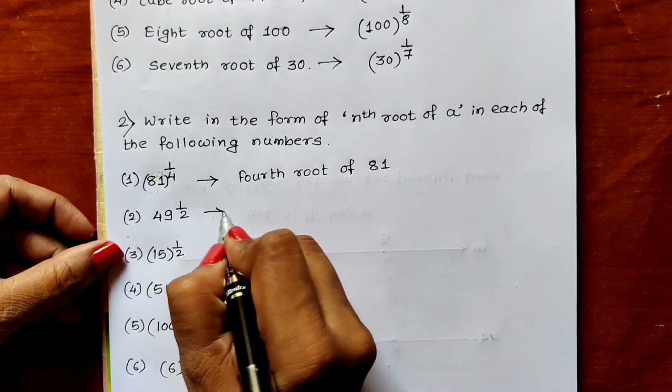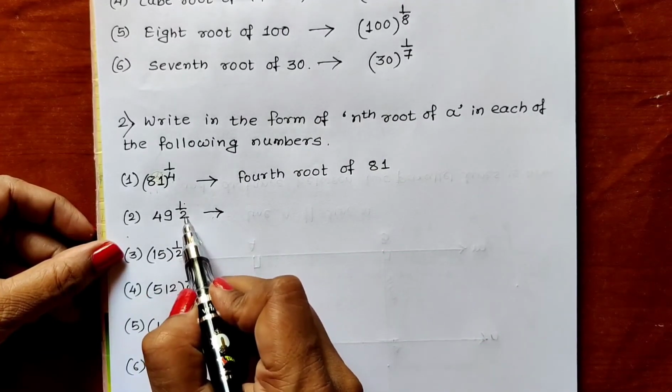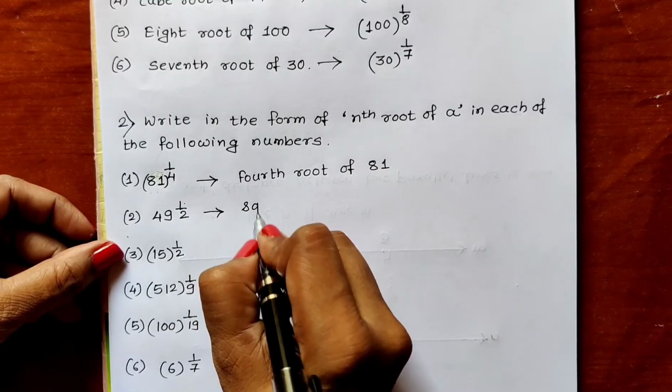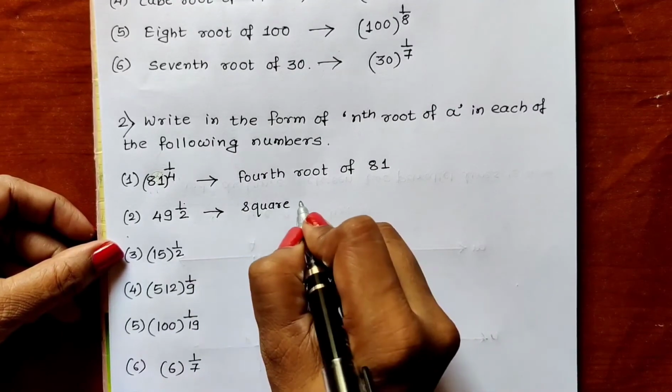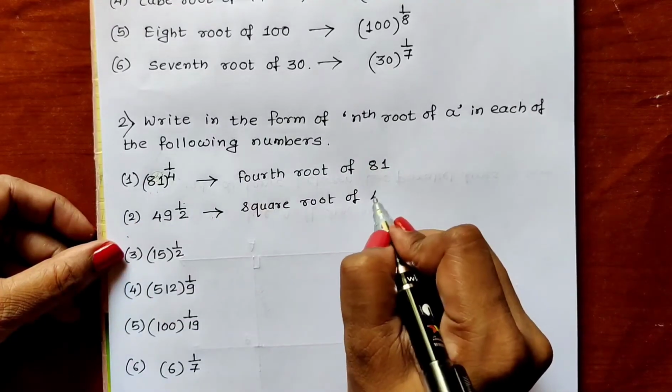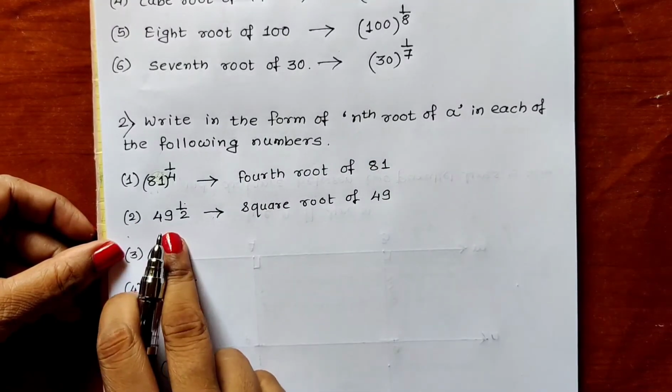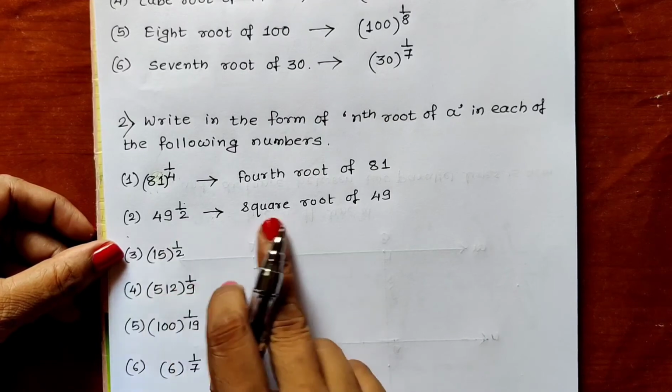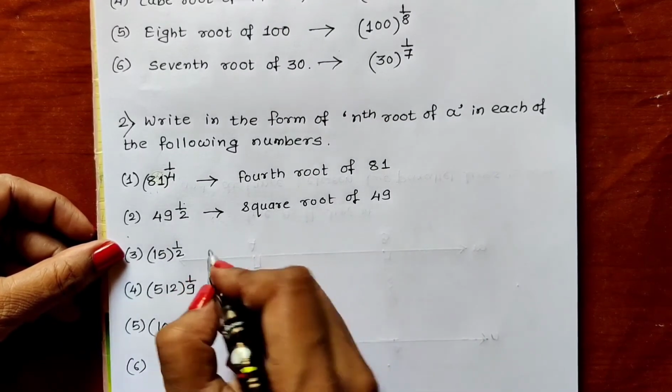Now let us see what the index is. 1 upon 2 means what? Square root of, what is the base? 49. Square root of 49. Always see the index first and express in the form of root.